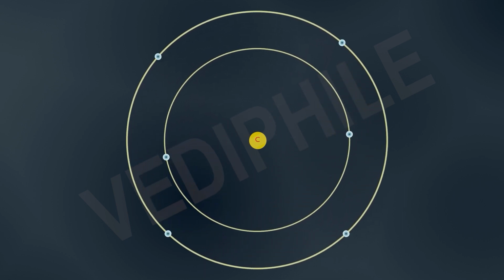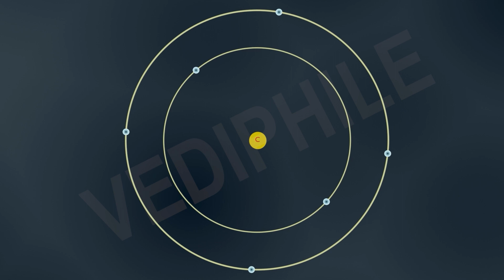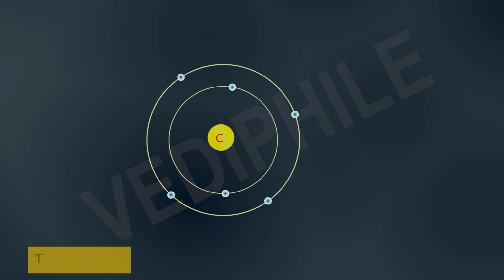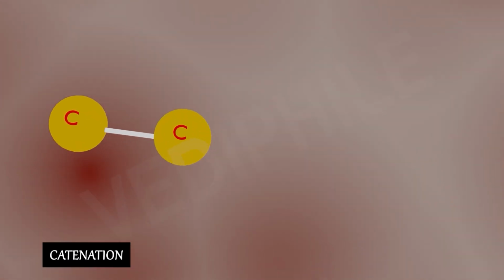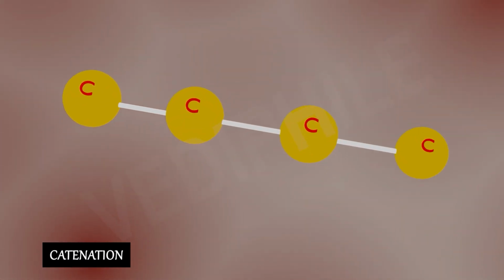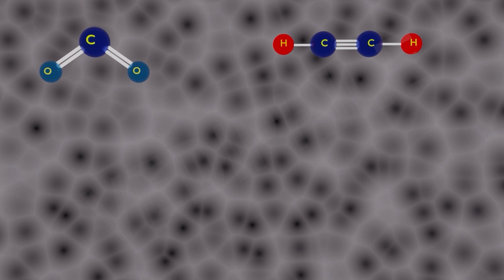So the conclusion is that two main features seen in carbon are tetravalency and catenation. So due to these two properties, carbon can give rise to a large number of compounds.